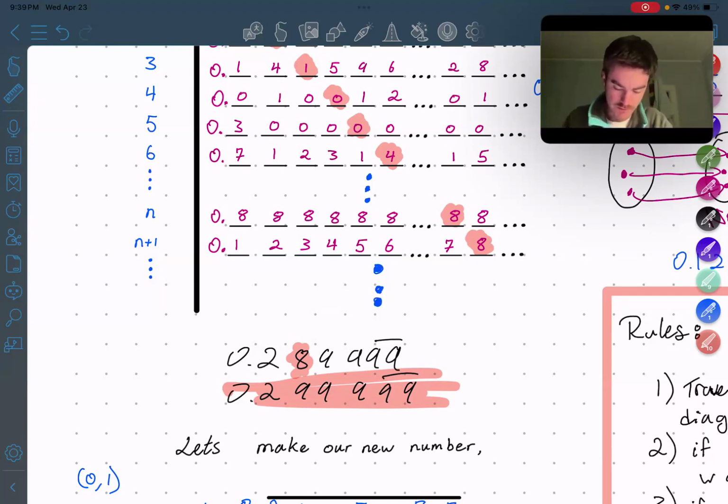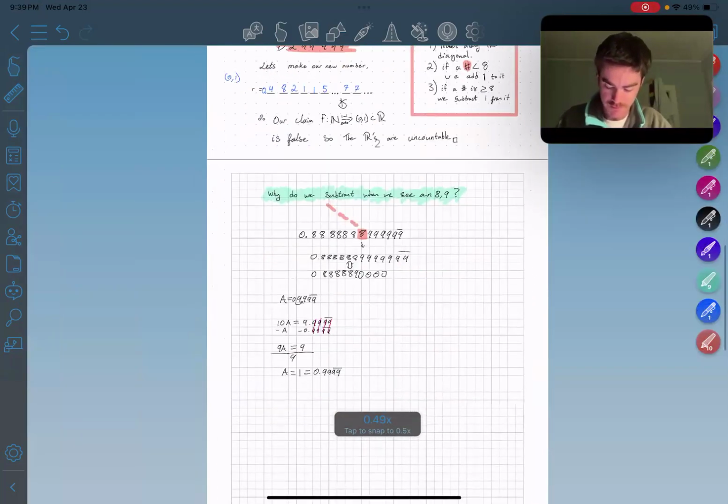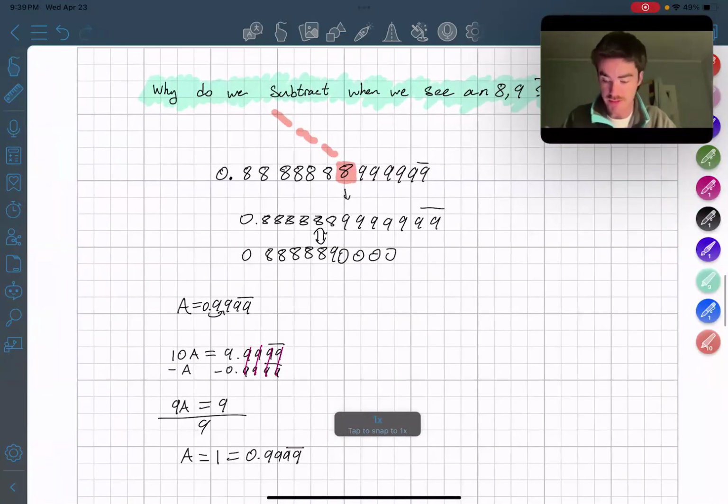So it would sort of break the whole proof down. We couldn't actually say that this number is just not in here, right? And that's the punchline of our proof. And so that's why it's really important not to change eights to nines.